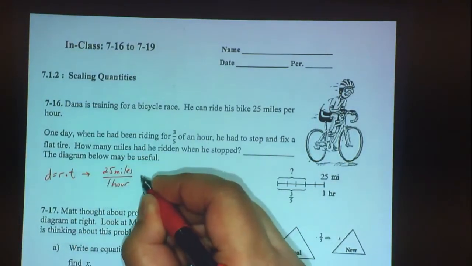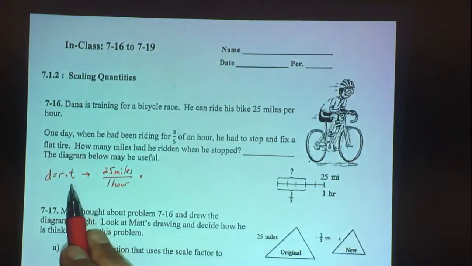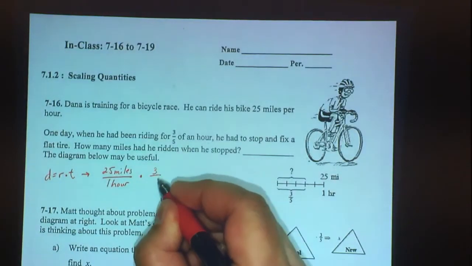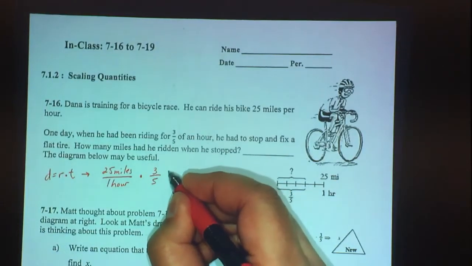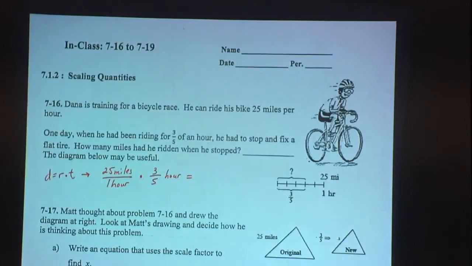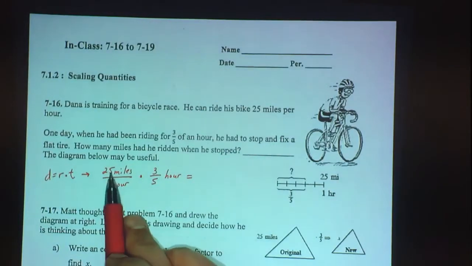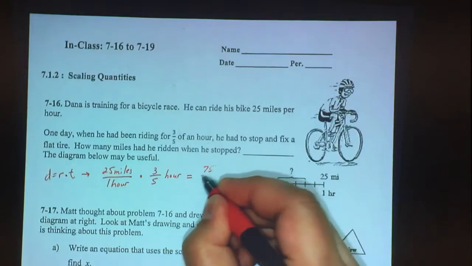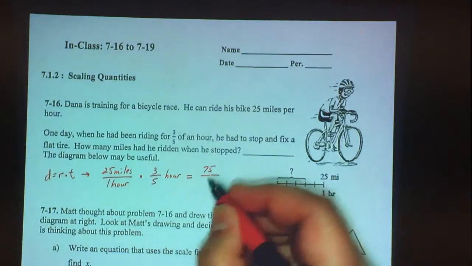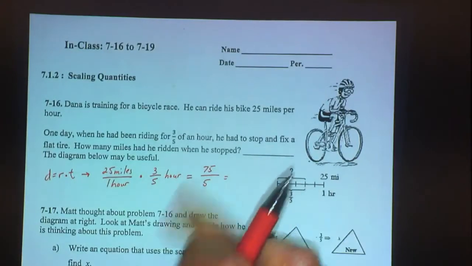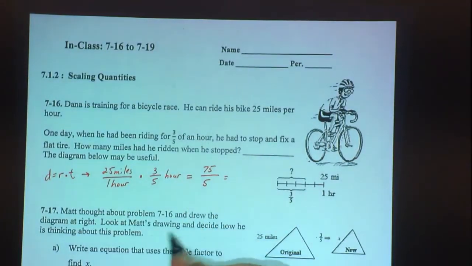And then you have to multiply that by the time, and he was riding for 3/5 of an hour. So right now, if I ignore the labels, what is 25 times 3? What is 1 times 5? Good. Then how many times will 5 go into 75?